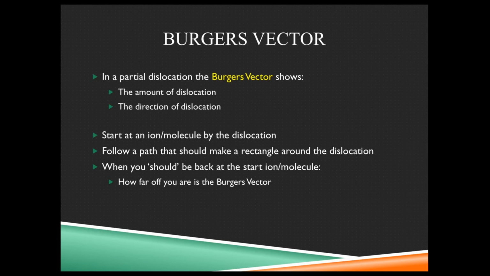Now, it could be up 20, over 5, down 20, and over 5. Again, it's something that should make a rectangle. If there's an imperfection, it's not going to work. You're going to end up in a different atom or molecule than where you started.